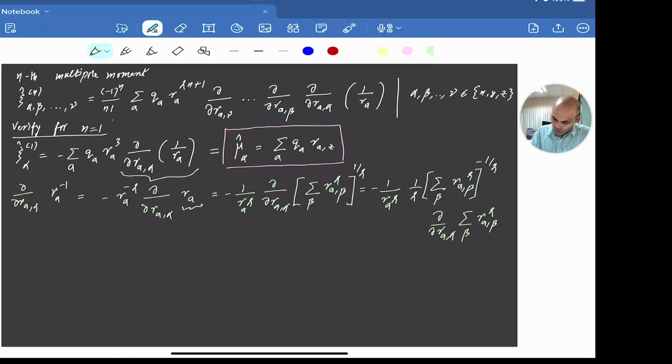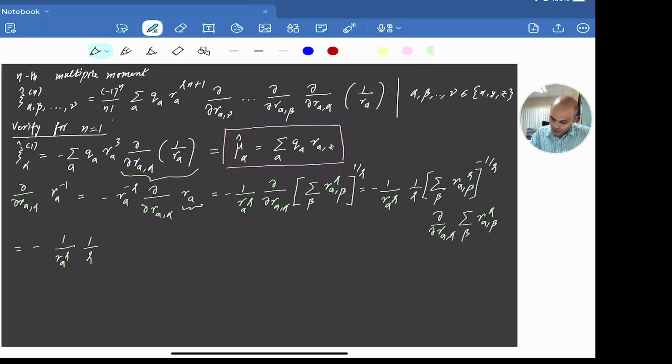Okay, so what do we have? We have negative 1 over Ra to the 2 and 1 over 2, and this is just 1 over Ra, because you see the power here is half and here it is negative half.